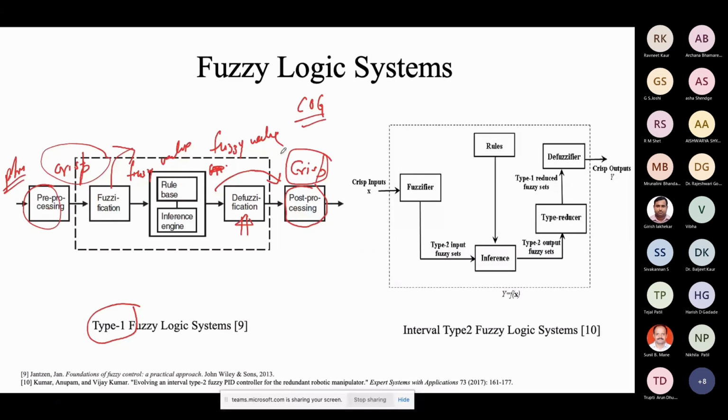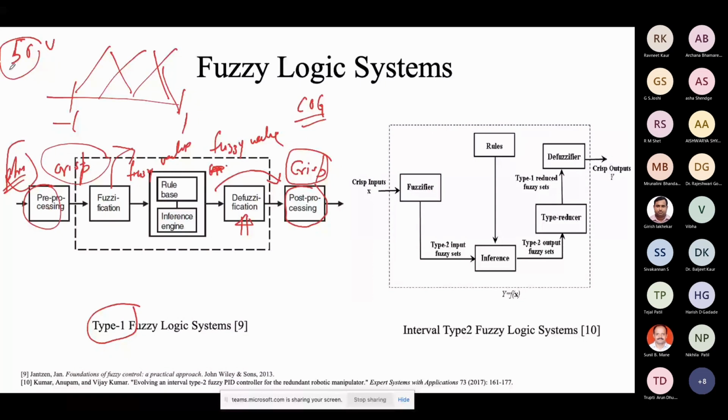Suppose in fuzzification we have a membership function defined between -1 and 1. Suppose the physical quantity is around 50, some 15 volt. We have to normalize it in the range of -1 to 1. That can be done with the help of pre-processing.